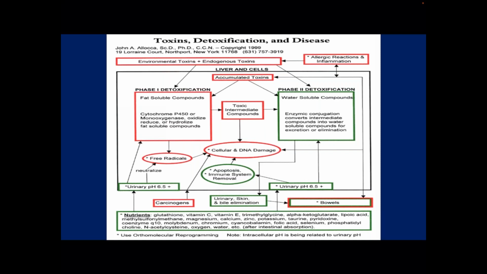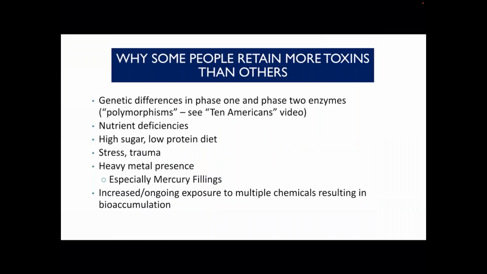So as we talk about these different things that we need to do today, keep this in mind, because it's going to play a big role in whether you'll do a good job or not. And then when you retest, you'll know if you're doing a great job or not as well. So here are some of the reasons that people retain more toxins than others, because I already brought that up.